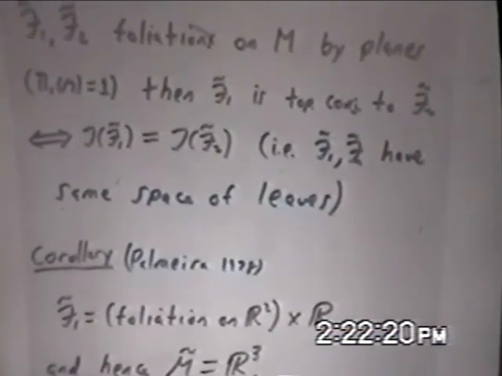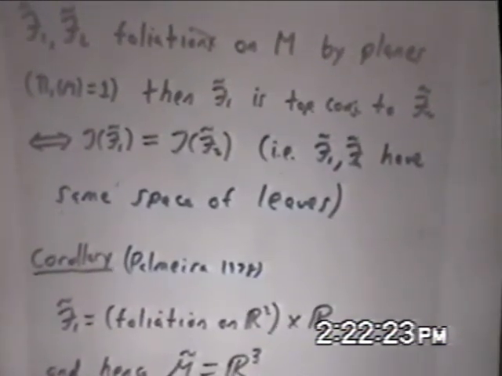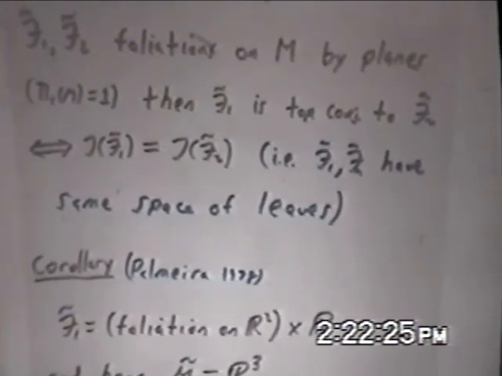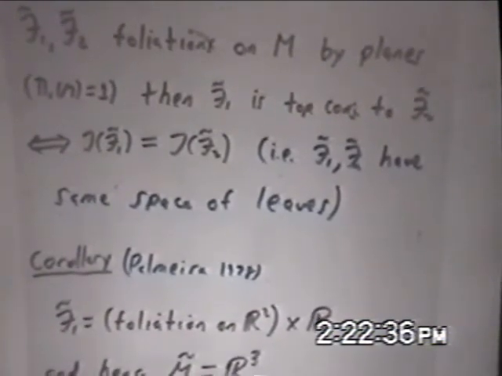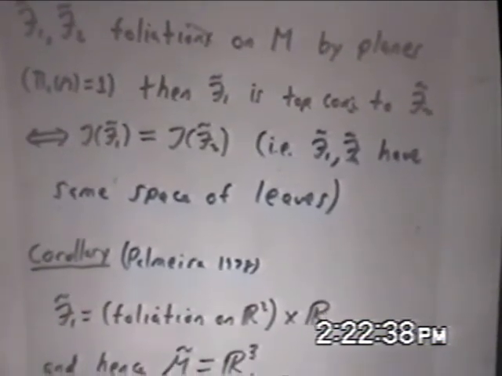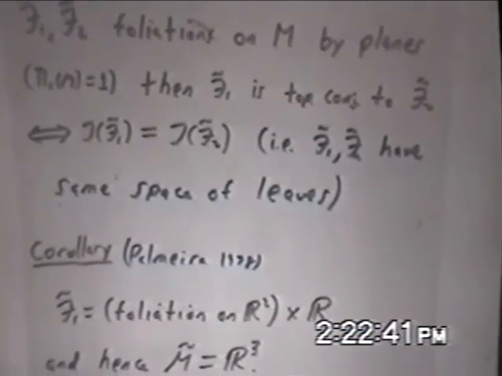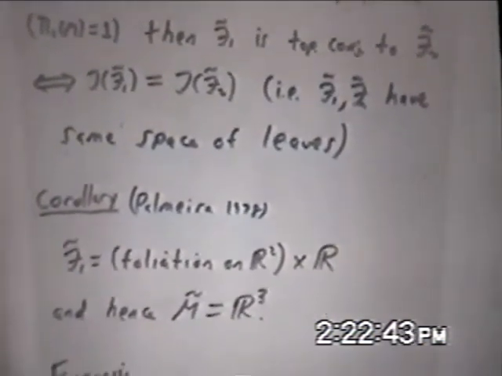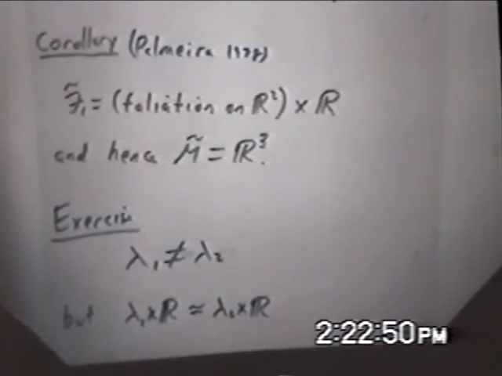In particular, by Haefliger and Reeb-Kaplan, suppose you have a foliation of a three-manifold by planes. The manifold being simply connected, the space of leaves is a non-Hausdorff one-manifold, so it can be realized as a foliation of R2.